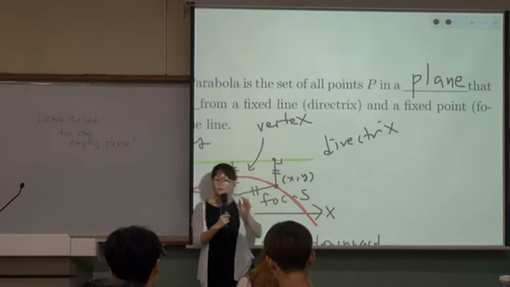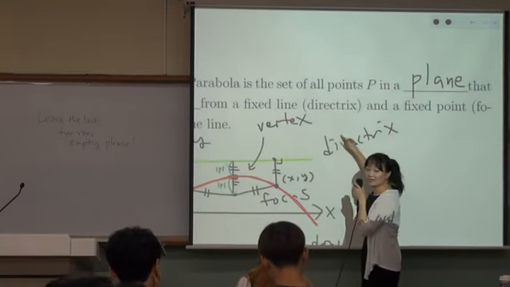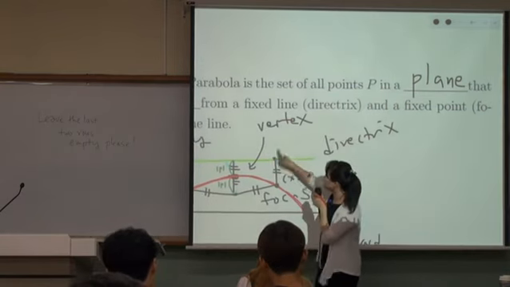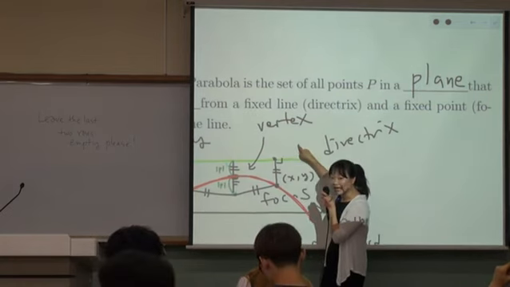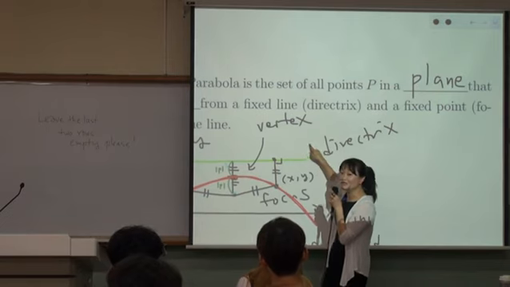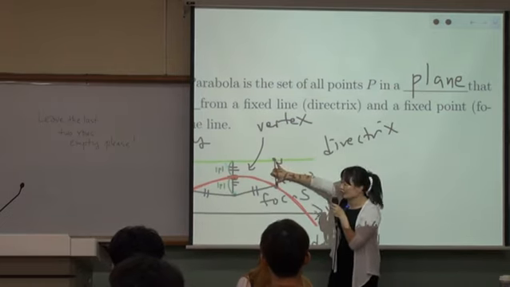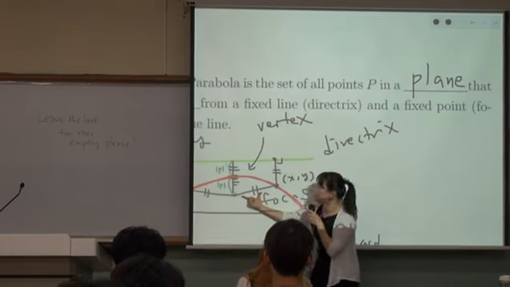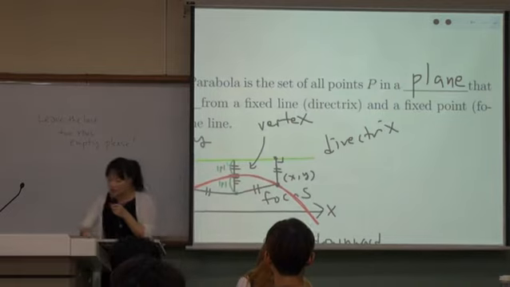What was the directrix equation? y equals k minus p, right? So this point is (x, k minus p). So the distance between these two and the distance between these two should be the same.